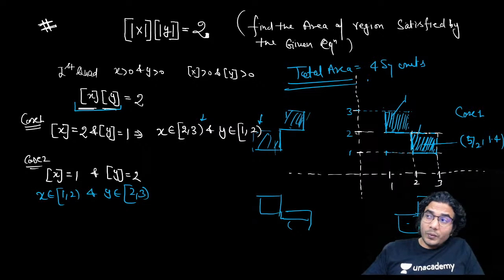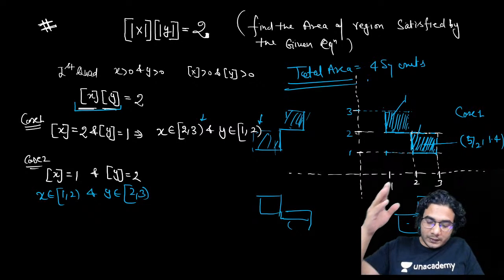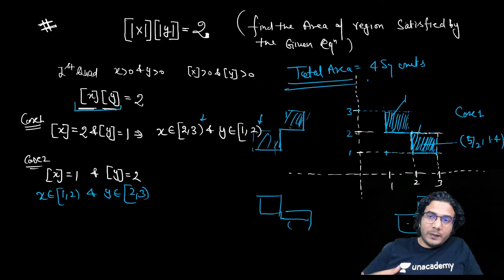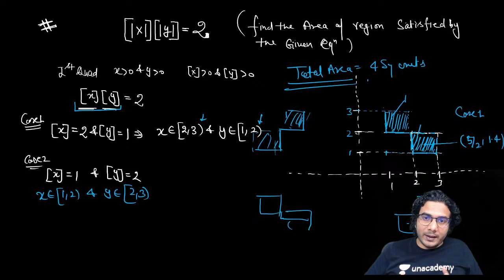1 into 100, 2 into 50, and 1 into 100 and 100 into 1 is another solution. 2 into 50 and 50 into 2. So if you list it out, it will be equal to the number of divisors. How many pairs you can split 100 into whose product is equal to 100, that is equal to the number of divisors.